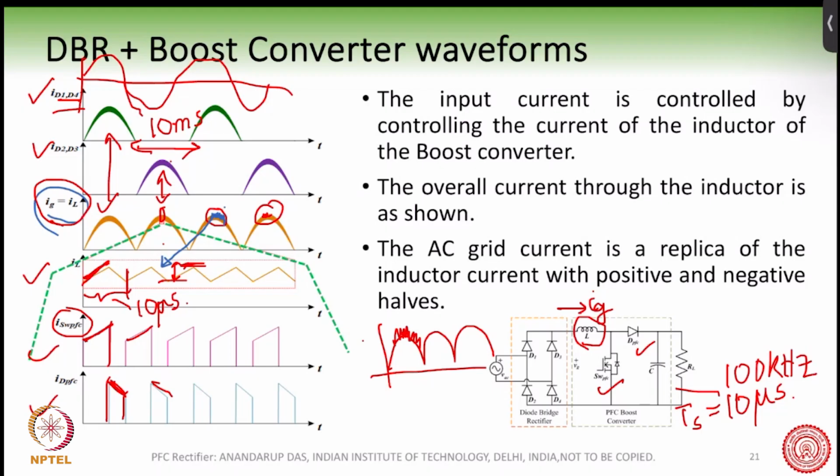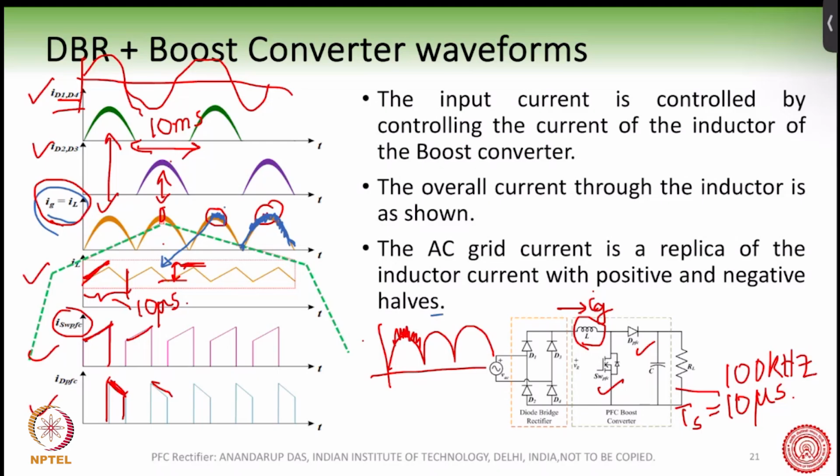So therefore, you can understand that in the entire AC cycle, the current is almost sinusoidal, but not perfectly sinusoidal. It will start from zero here. It is almost a sine wave, but with a band. This band is happening because the boost converter is switching.